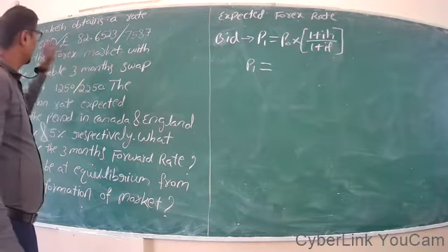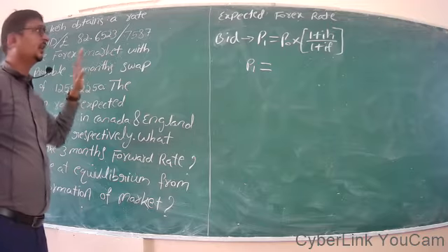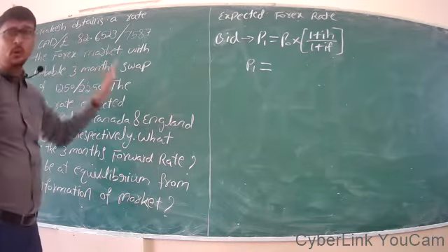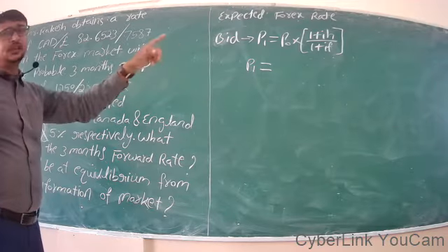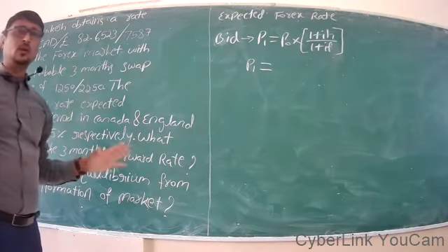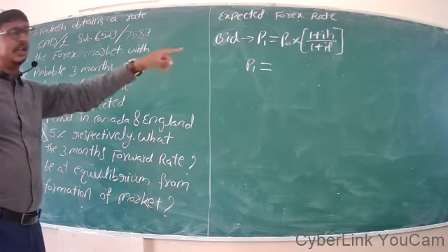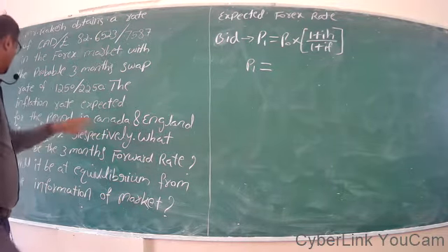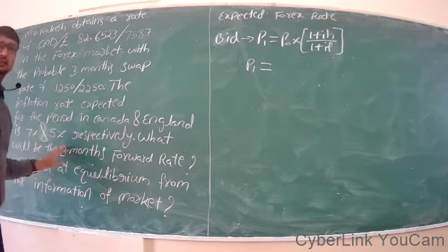So with the help of direct quotation theory, we consider Canadian dollar as the home currency. That's why we consider Canada as the home country, and IH, that is inflation in home country, as 7%. Canada it is 7% and England it is 5%.